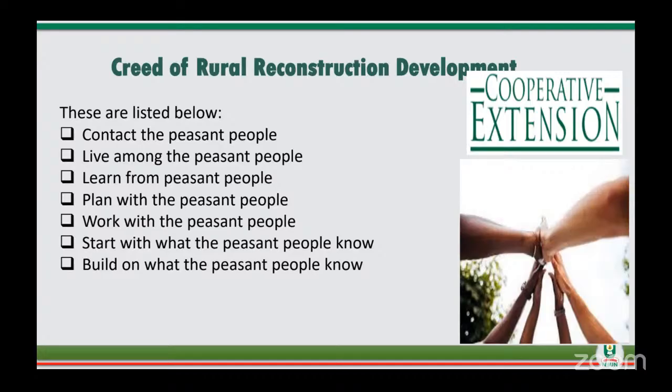Five, work with the peasant people. Six, start with what the peasant people know. You can't instruct them without starting from where they are, and then walking them to where you want them to be. That is the new knowledge. And finally, build on what the peasant people know.